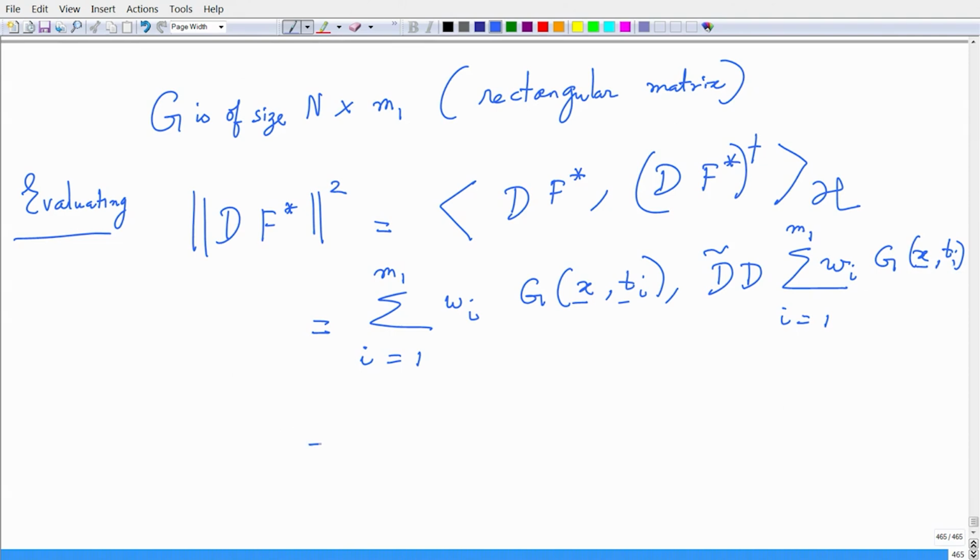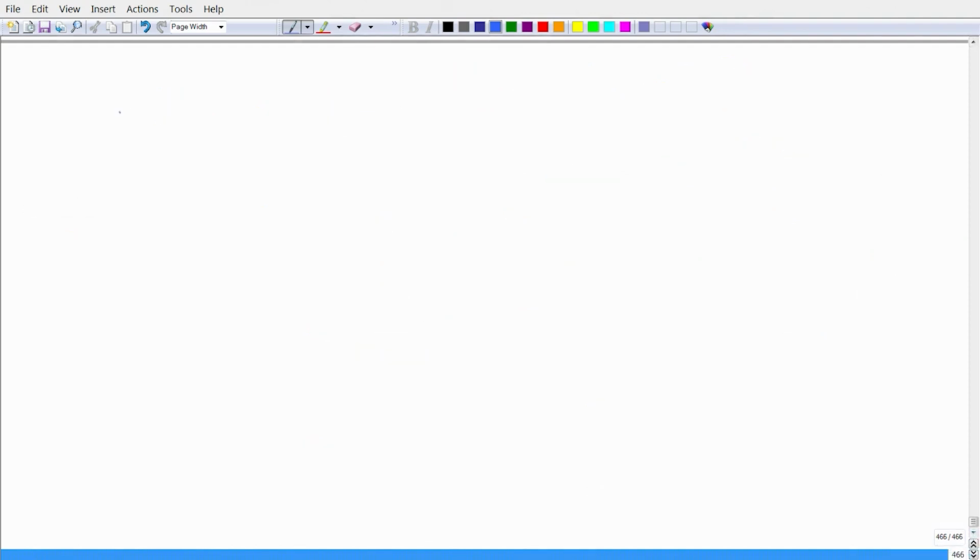And you can interpret this as a quadratic form which is w transposed G naught times w, where I will define what this matrix G naught is. G naught is this matrix, which is a square matrix comprising of points which are evaluated at t suffix i, t suffix j, right.